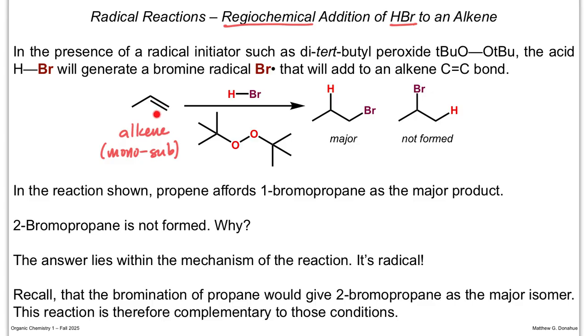So we're treating the alkene with HBr in the presence of this chemical called tert-butyl peroxide. In general, the peroxide functional group is an oxygen-oxygen sigma bond, and then you can have whatever bonded to those central two oxygens.